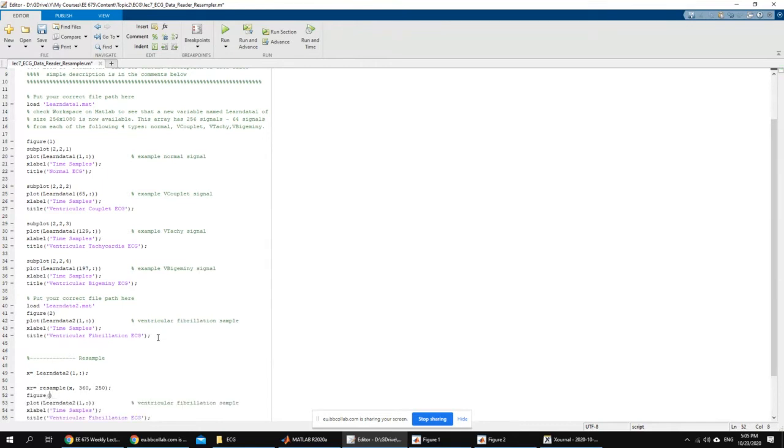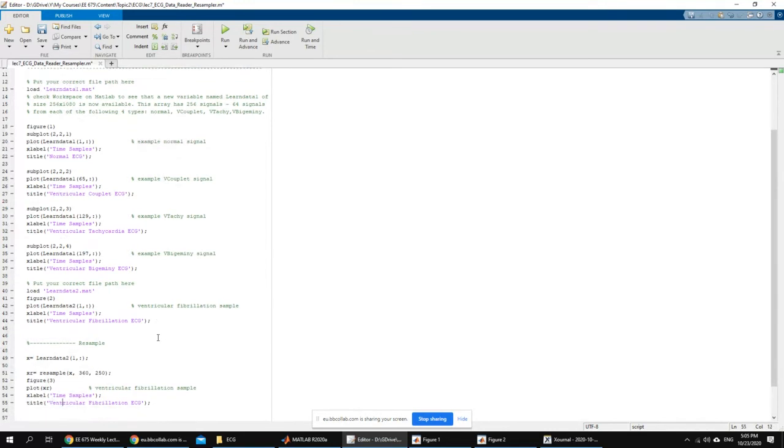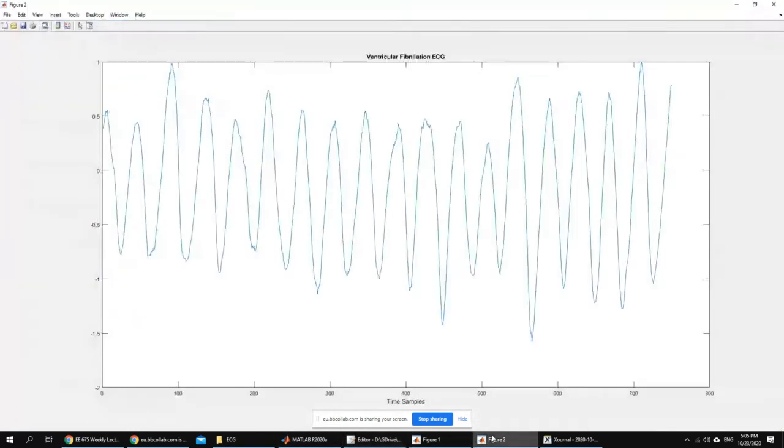So I have figure 3, and I'm going to draw here the XR, and write here resampled ventricular fibrillation ECG. Now we have this signal going from 0 to 750. We would like to see that this same signal comes out from 0 to 1080. If this happens, then we are successful. So let's try it.